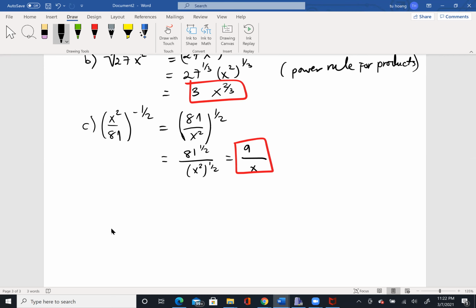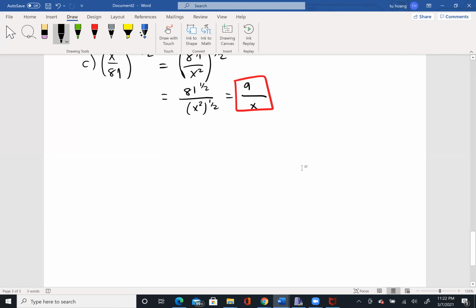Okay. Let's have some more. So D, I have, let's say, cube root of square root of x plus 1. Okay, so this one is crazy, right? So how can I do this one? Just change it to become the exponent form.